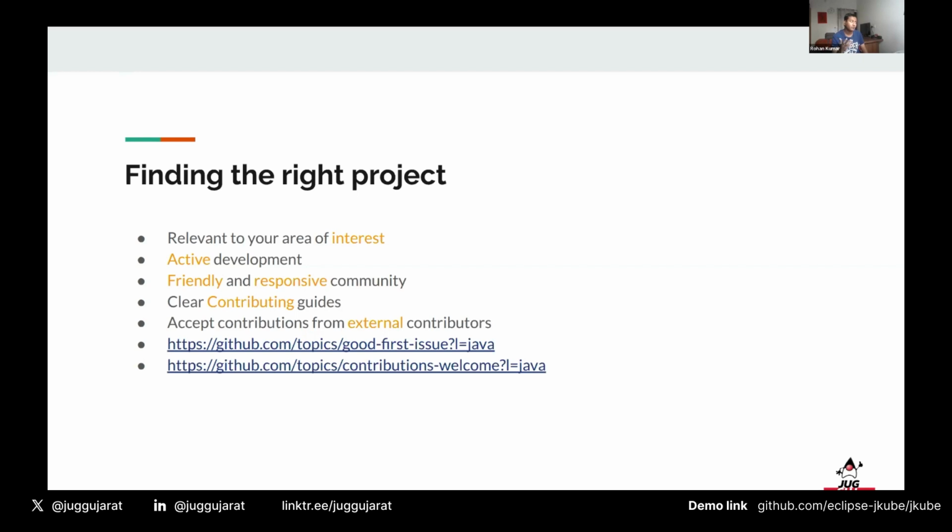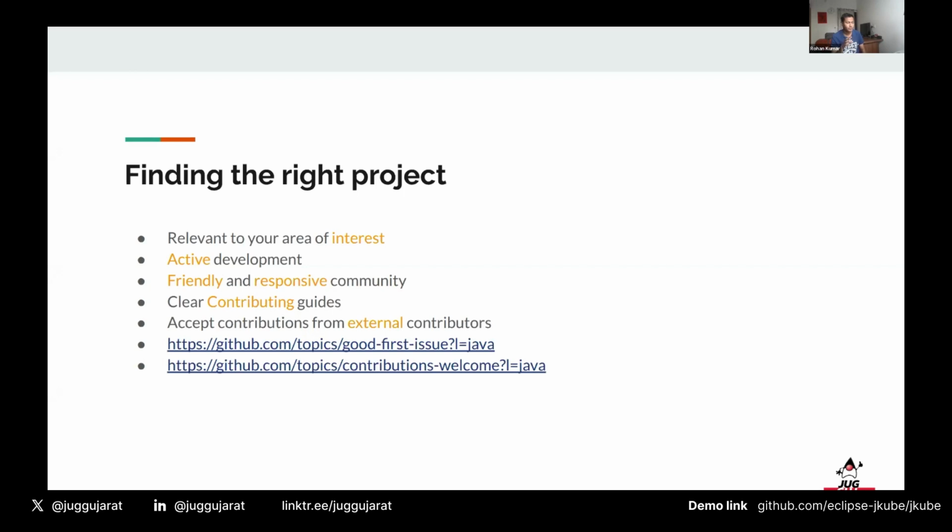Probably it's not good for you if they are not replying like you want them to. So again, it comes back to what I was saying, that they are open source, but they might not be truly open source.